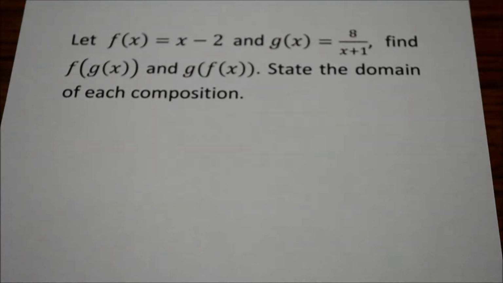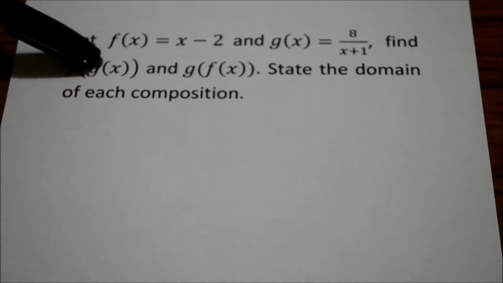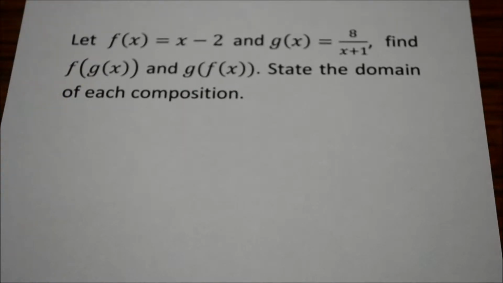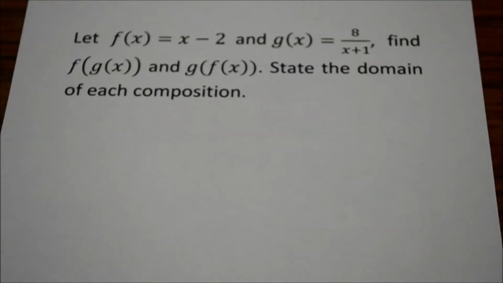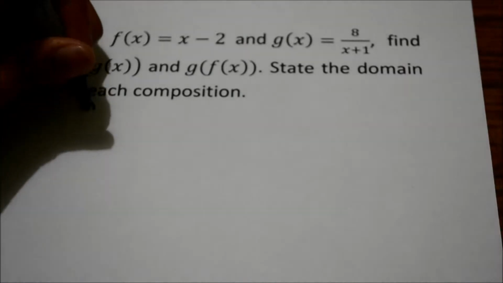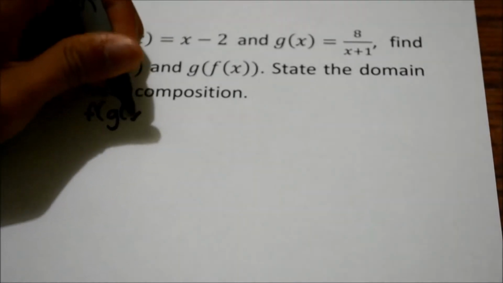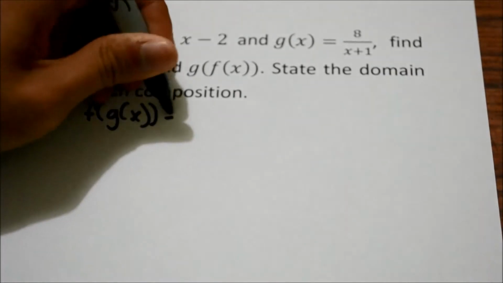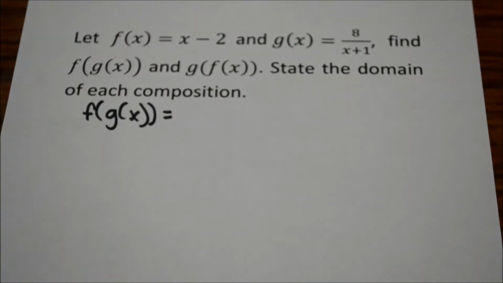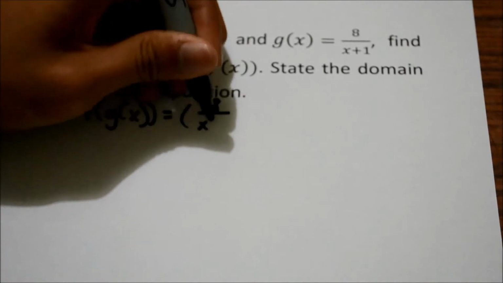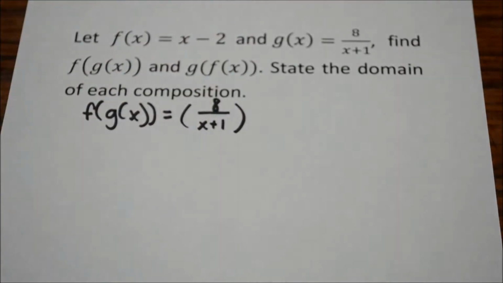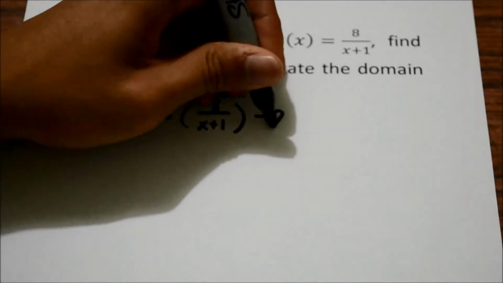So the first composition we are going to make is f composed of g of x. We are substituting x with the value of the g of x function, that is 8 over x plus 1. So the composition will be f composed of g of x is equal to open parentheses, 8 over x plus 1, close parentheses, minus 2.